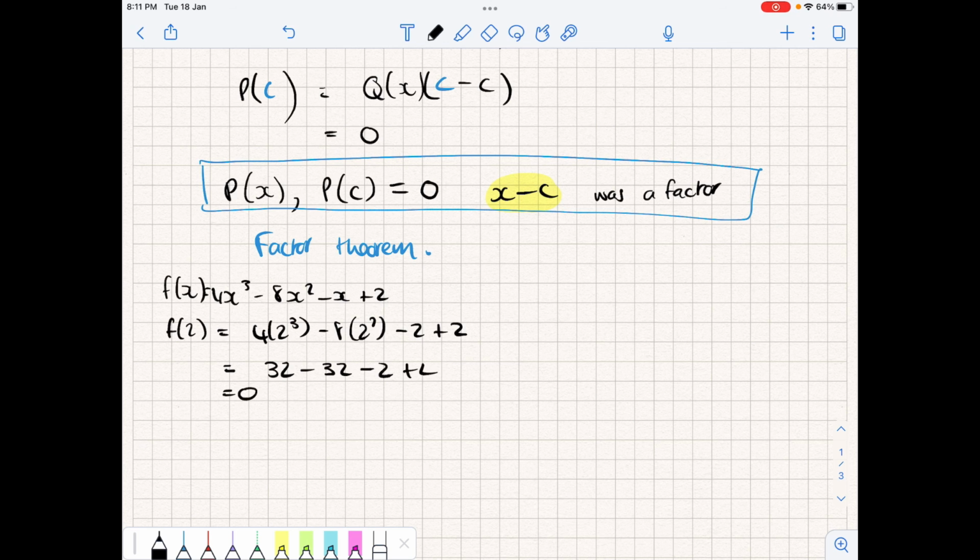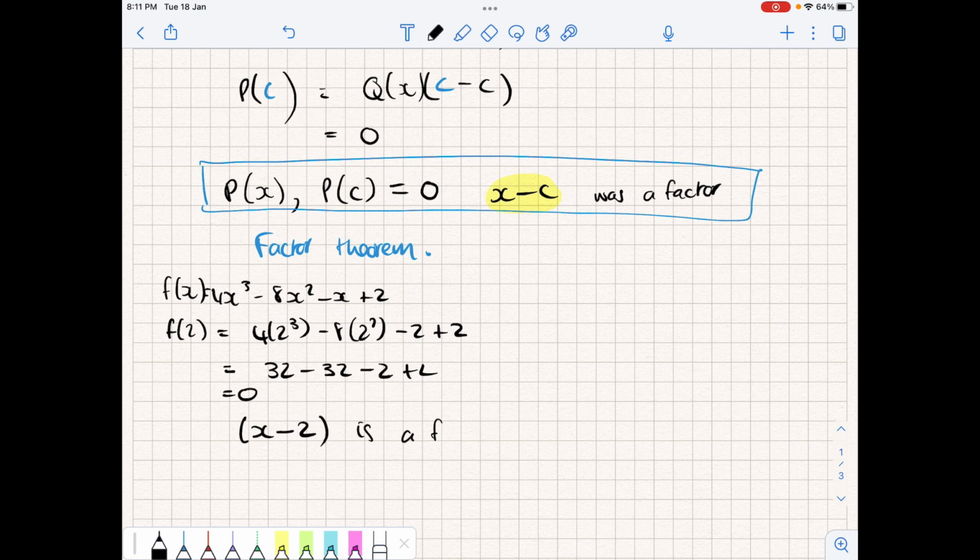So the number 2, when substituted into the equation, gives us an answer of 0. So this tells us that x minus 2, so we're going to change the sign, the linear factor is a factor of f of x, which is this large polynomial over here.